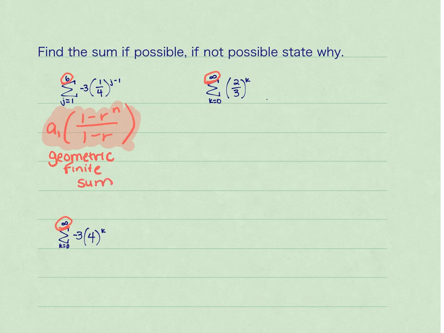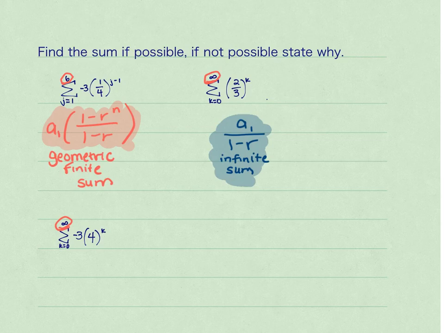And then infinite, which is that next one, A sub 1 over 1 minus R. And again, that one can only be done if R is a fraction between 0 and 1.